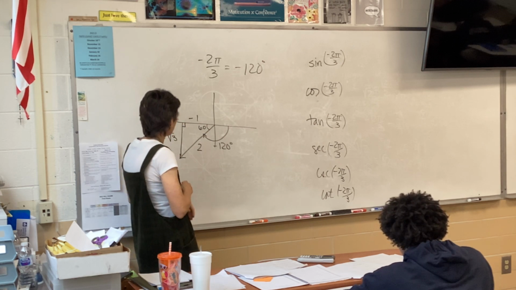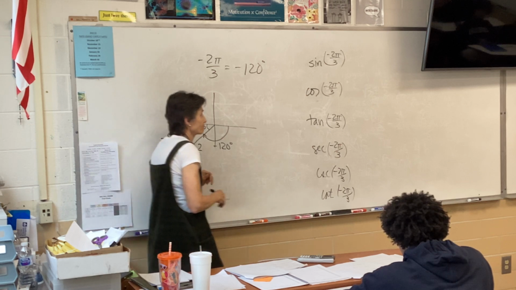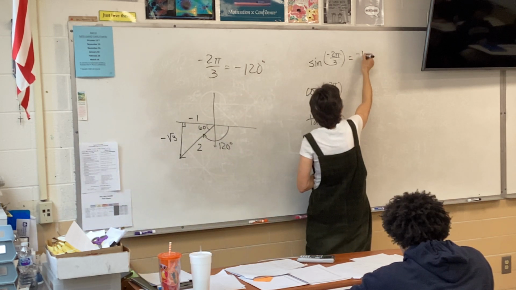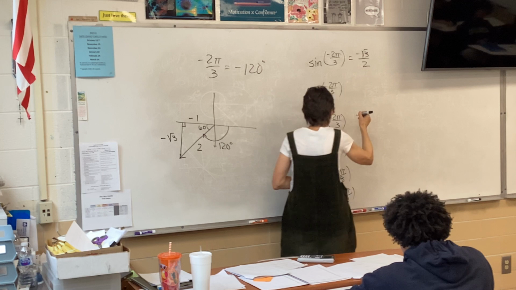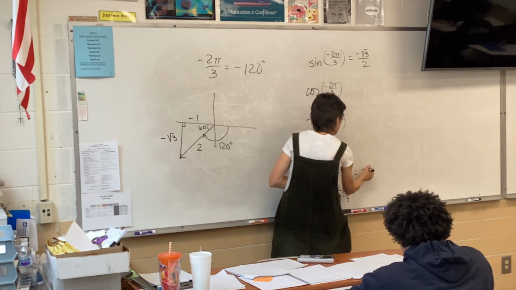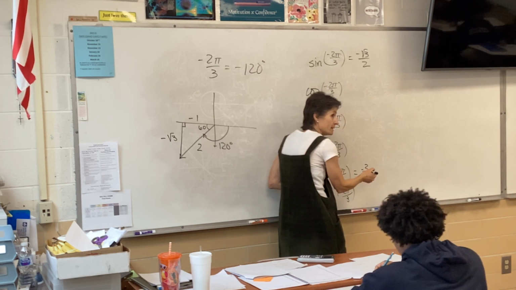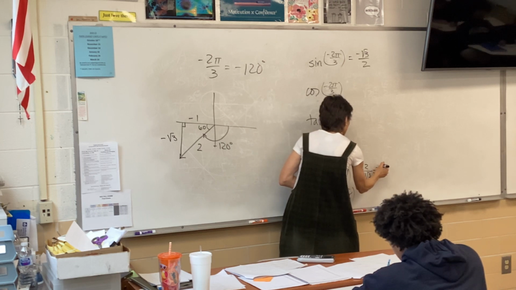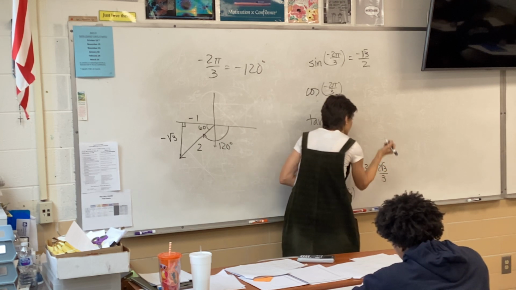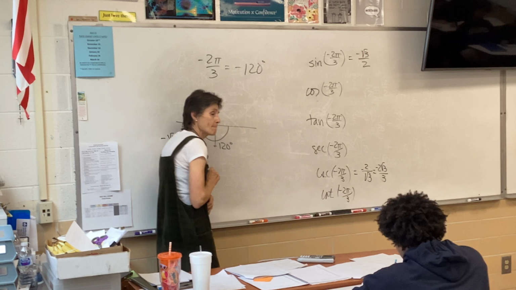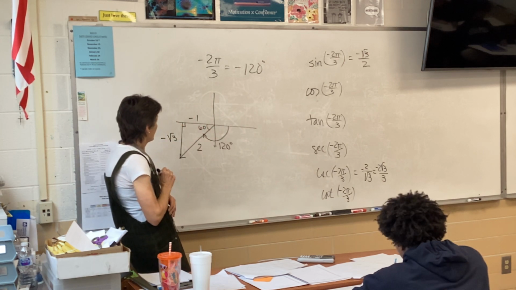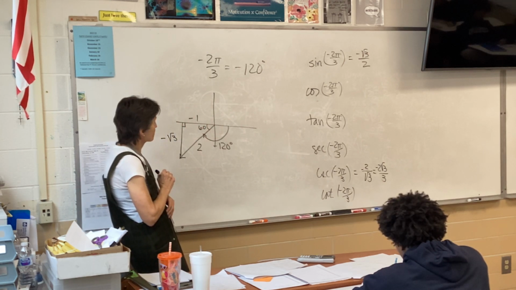All right, so here we go. What's the sine? Negative root 3 over 2, which means the cosecant is negative 2 over root 3, or if we have to rationalize, negative 2 root 3 over 3. What's the cosine?